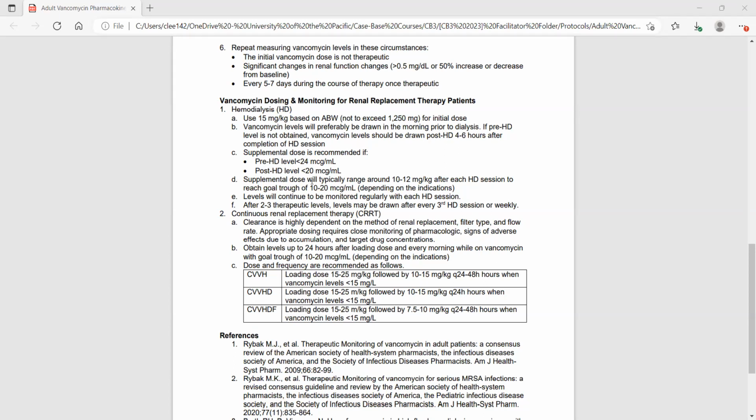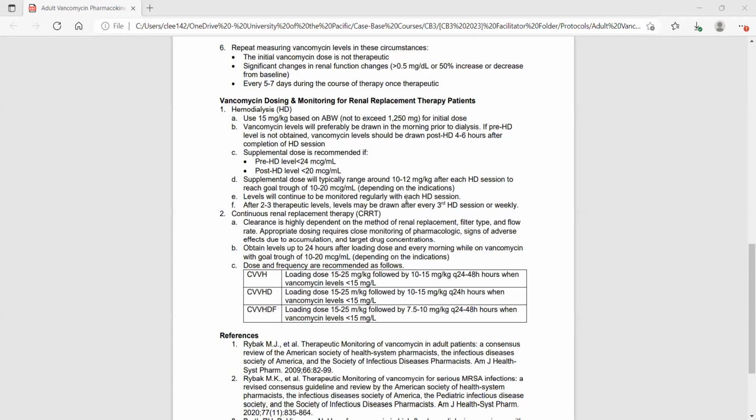So we want to keep the levels around that. If you're lower than 20, then we want to add another dose. And if you're below 24, that means after dialysis, it's going to be 12 to about 15. So you're going to be a little bit subtherapeutic. So that's why you're going to do another supplemental dose.